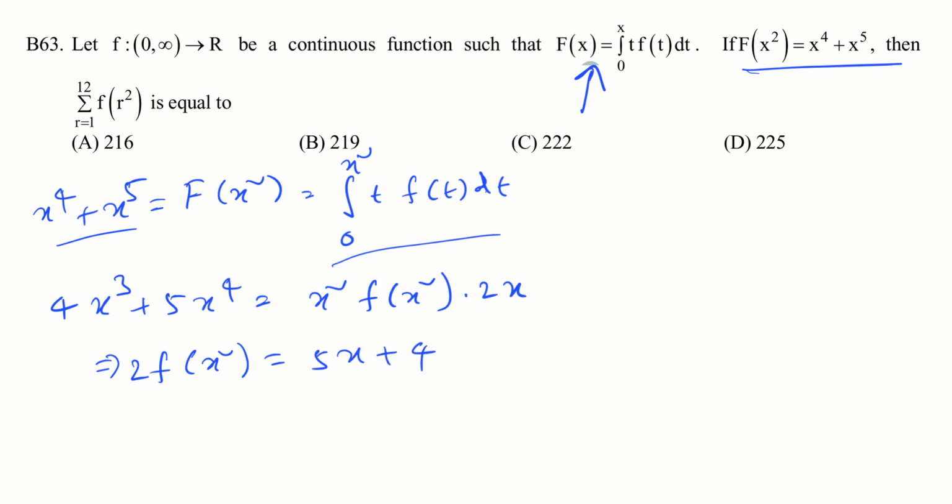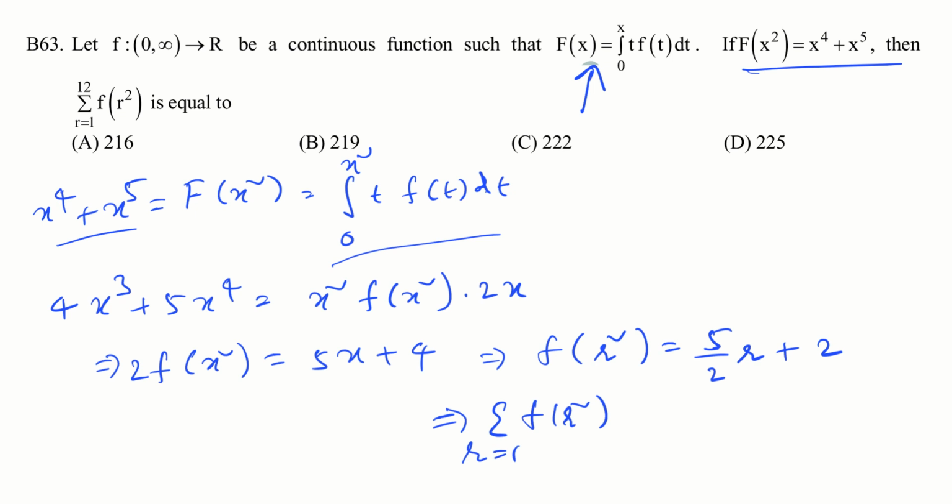You see, I want f of r square in terms of r's. If I write, I have f of r square will be 5 by 2 r plus 2. So sigma f of r square, r equal to 1 to 12, is nothing but 5 by 2 times sigma r, r equal to 1 to 12, plus 12 times 2, that is 24, I get.